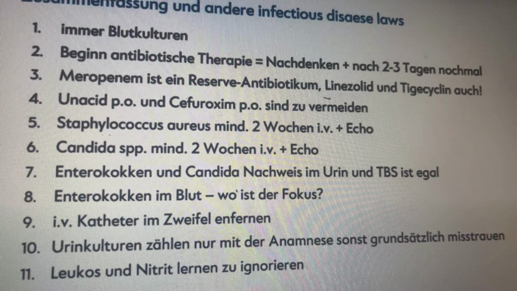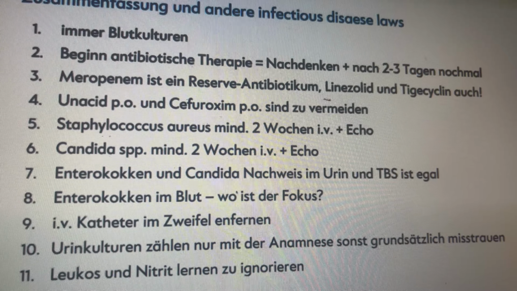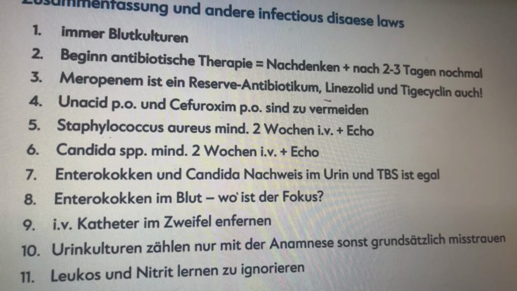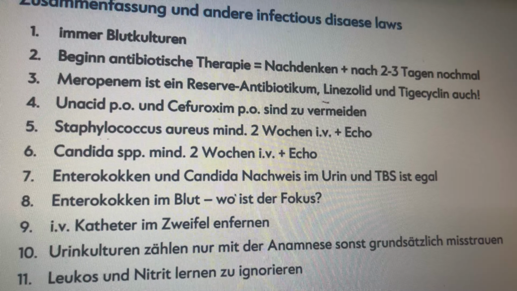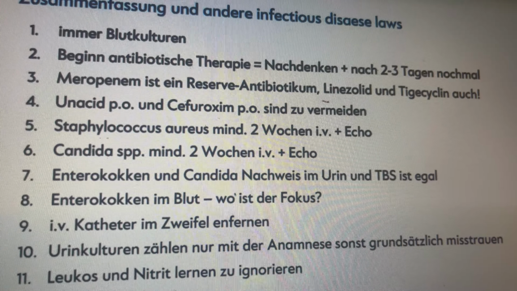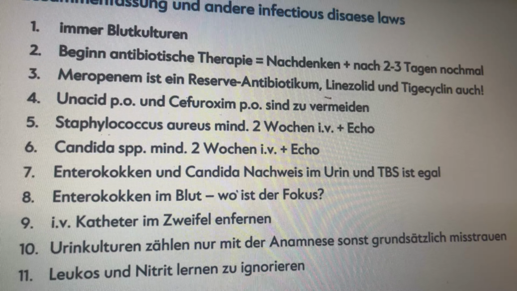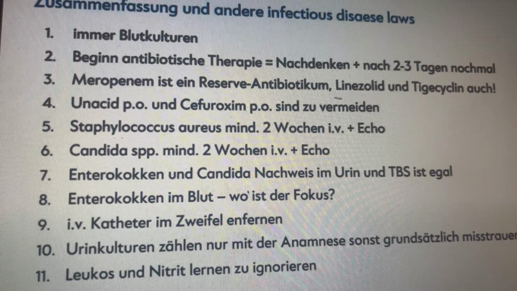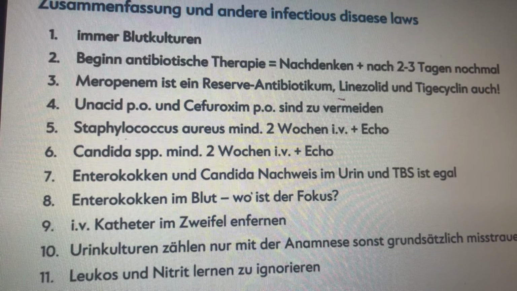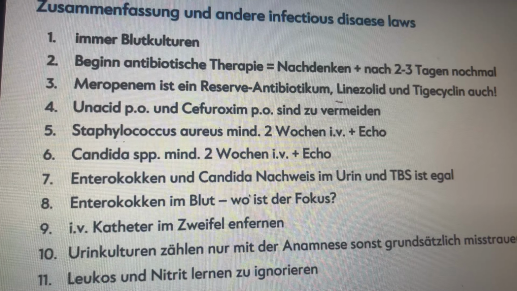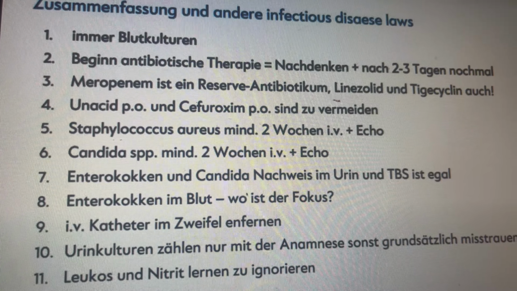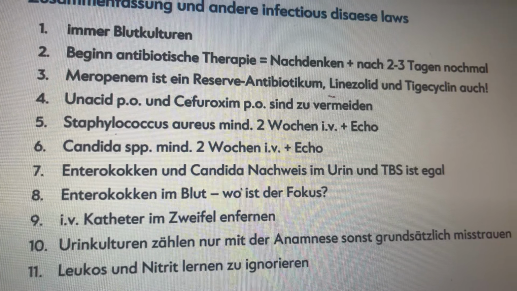And sometimes the leukocytes and nitrite, we can even ignore them if the patient does not have symptoms. Like for a woman, they are normally positive but they're asymptomatic. In that case, you just don't begin the antibiotic therapy. It should all be based on the clinical condition and the patient's history.